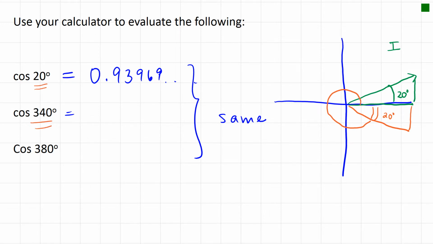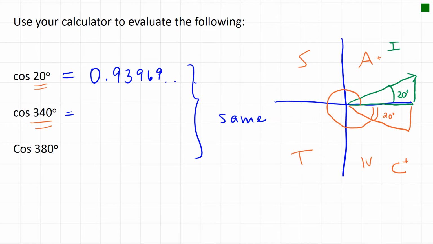And in both of these quadrants, all scientists take calculus, the cosine is positive. Here in quadrant 1, remember, all of them are positive, and in quadrant 4, the cosine is positive. So not only is the size of the cosine ratio the same, but also the sign of the ratio.